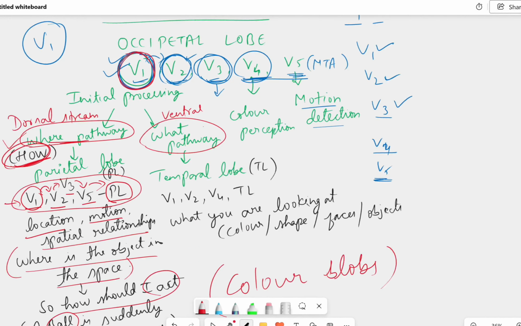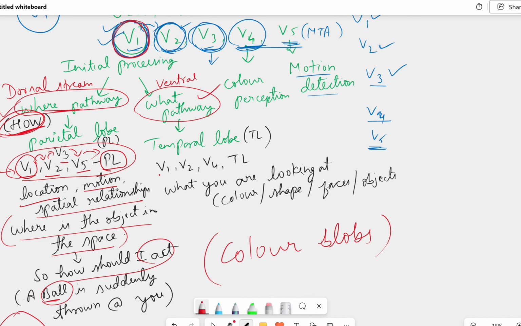Okay. Next, the other pathway is the what pathway. Here information from V1 moves to V2, then to V4, and then to the temporal lobe. Clear? This pathway is the what pathway, meaning what are you looking at? For example, if a person is standing in front of you, first your V1 will understand that there is some person standing.